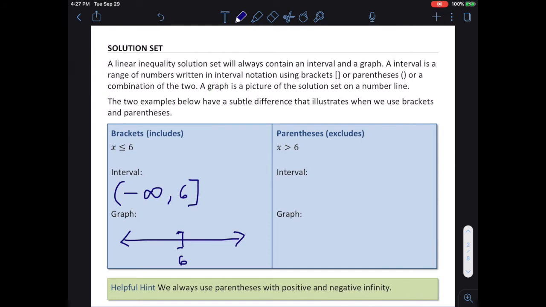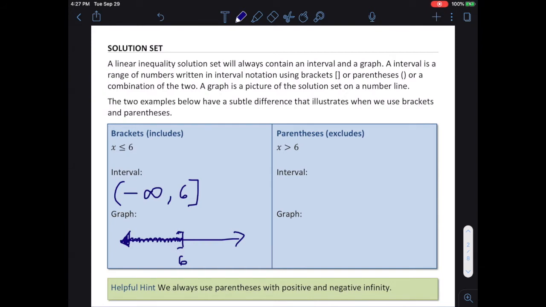And since it's negative infinity, I'm going to shade everything to the left of 6. So I'm just going to make a little squiggly line all along the number line. That represents all the numbers in that area. And then I'm going to shade in the arrow on the end. So there we go. That is a picture of that interval on a number line. Okay, and so you can see how we had to use a bracket in that case.